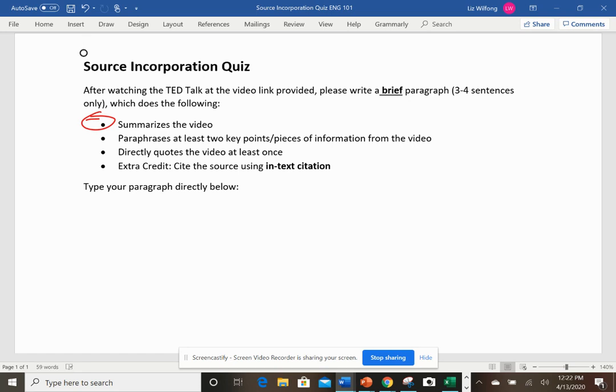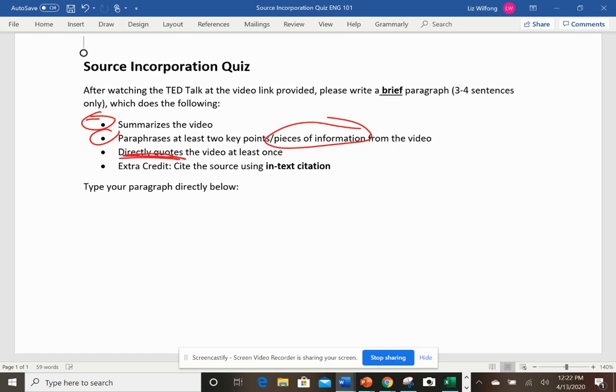You're going to paraphrase at least 2 pieces of information, like specific pieces of information from the video in your own words. And then somewhere in all that, or you could have it at the very end, or you could have it at the beginning, or really anywhere you want to, but somewhere in this paragraph, you're going to directly quote the lady who's speaking at least one time.